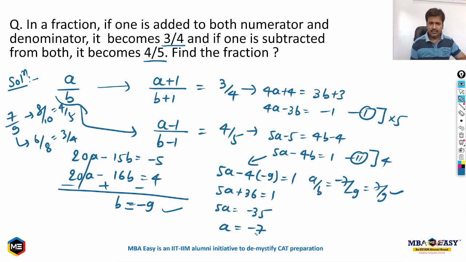We are getting values of a and b as minus 7 and minus 9, and we are cancelling this out. Minus 7 and minus 9, here we cancel and make it plus 7 by plus 9. 7 by 9 is my answer. But because we have cancelled the sign, it is necessary for us to cross check whether the answer that we are getting corresponds to the original conditions of the question or not. So here it does not, so 7 by 9 is not my answer.